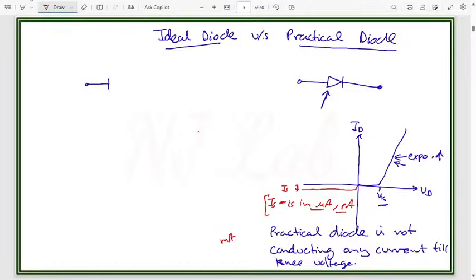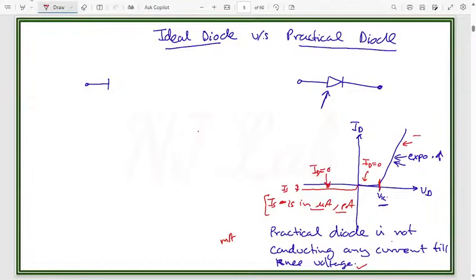So in the reverse bias, we can say that we do not have any perceivable current, right? Overall, we can conclude that the practical diode conducts current only after the knee voltage. Up to this knee voltage, we can approximately assume that the current is equal to zero. For the reverse bias, we can also approximately assume that our current is zero, right?